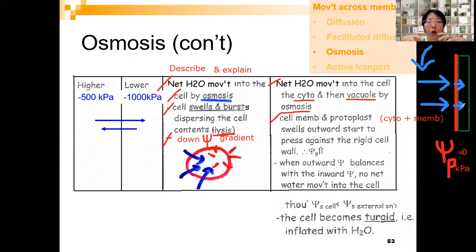Then you continue to blow, then it will start to press against the wall already, right? Just like the cell, water continues to enter, the cell will continue to become bigger and bigger. So initially it will touch the wall, after that it will press against the wall. So when the membrane presses against the wall, what will be the psi P?